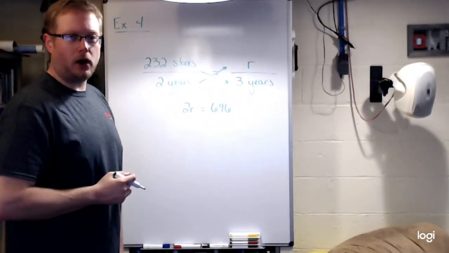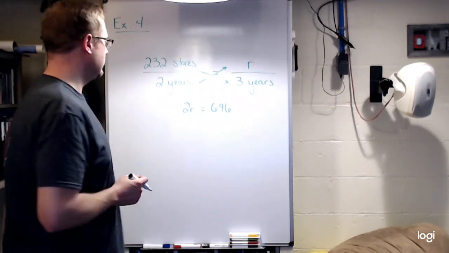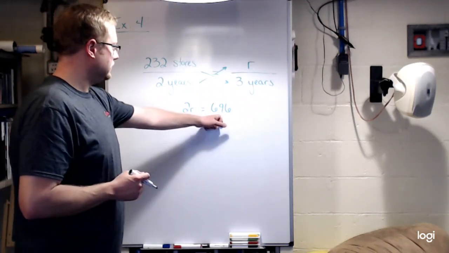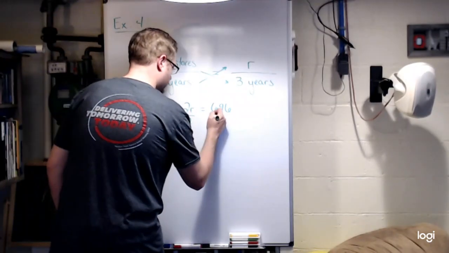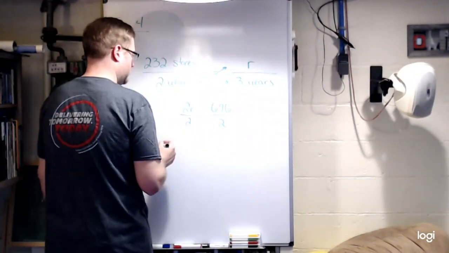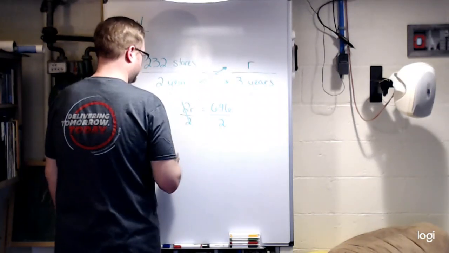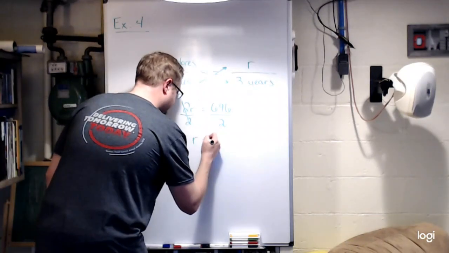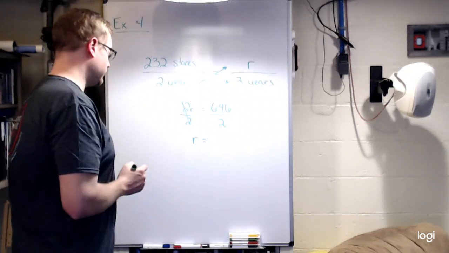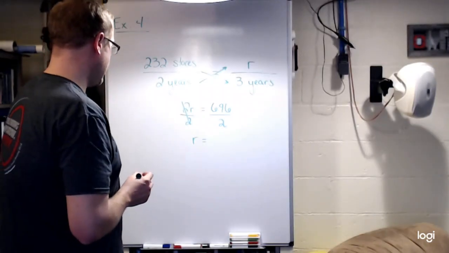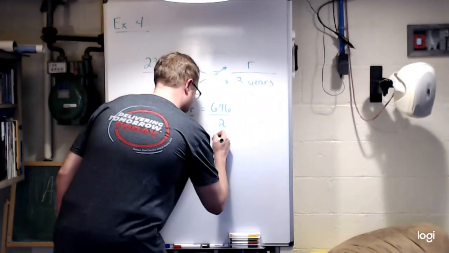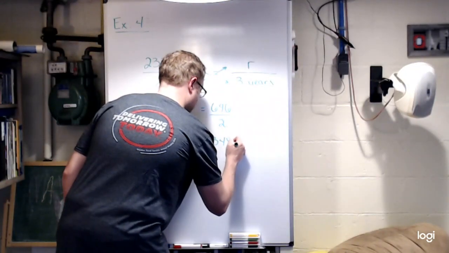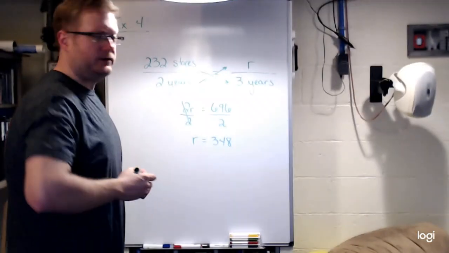So 2 times R equals 696. And then we are going to divide both sides by 2. The 2's cancel out, and R equals, what is that going to be? 348. So we've got our solution.